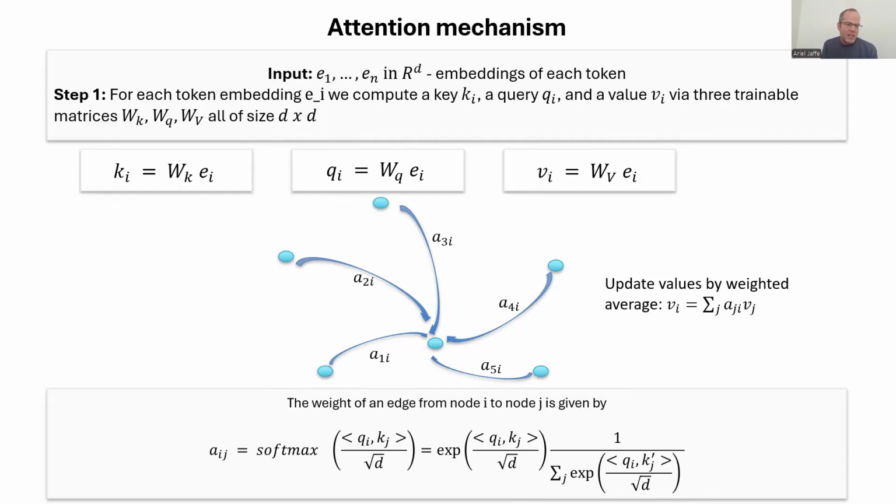And the coefficients are equal to the edge weights, here denoted by A, A to I. So this is the equation on the right. You update the value by a weighted average.